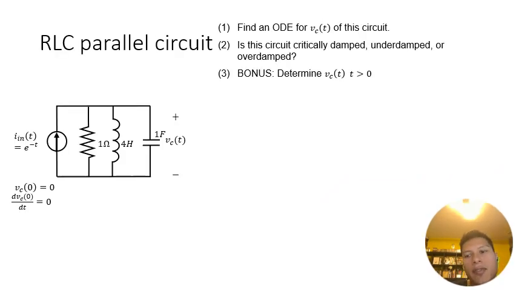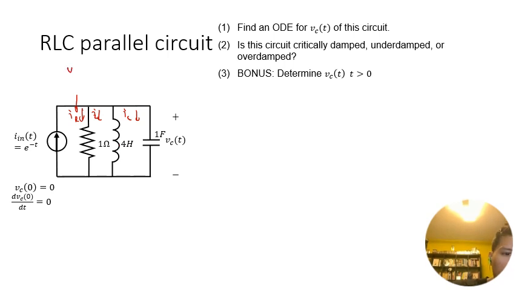Okay, so first we're going to find the ODE for this circuit. In particular, just remember that we have 3 currents coming out of here: IR, IL, and IC. We're going to try to write all of these in terms of the voltage across the capacitor.